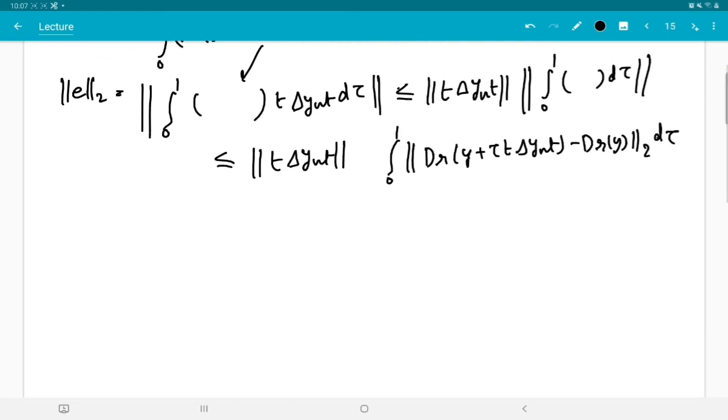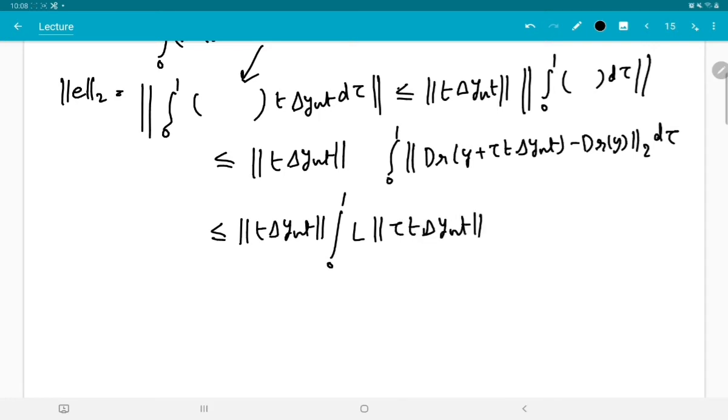Okay, after this, now we have the Lipschitz approximation. Now we can apply the Lipschitz approximation here. So what we get is this term is less than or equal to t delta y and t times the integral from 0 to 1 of L tau t delta y and t, right?